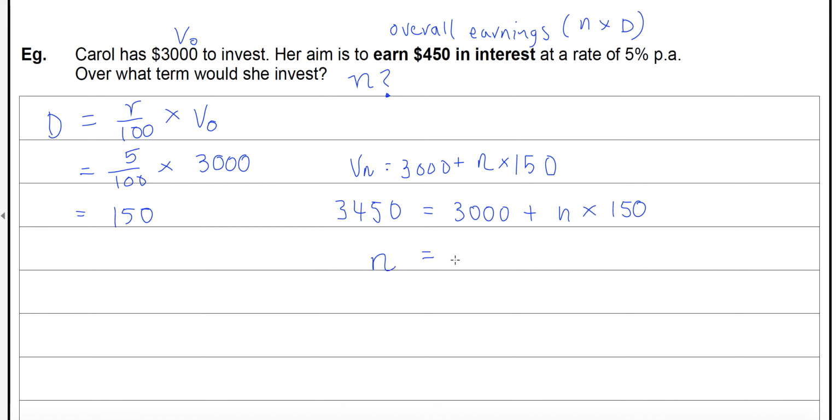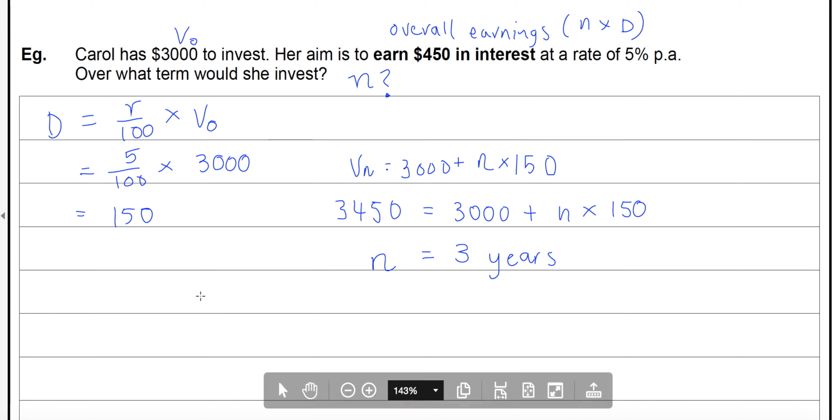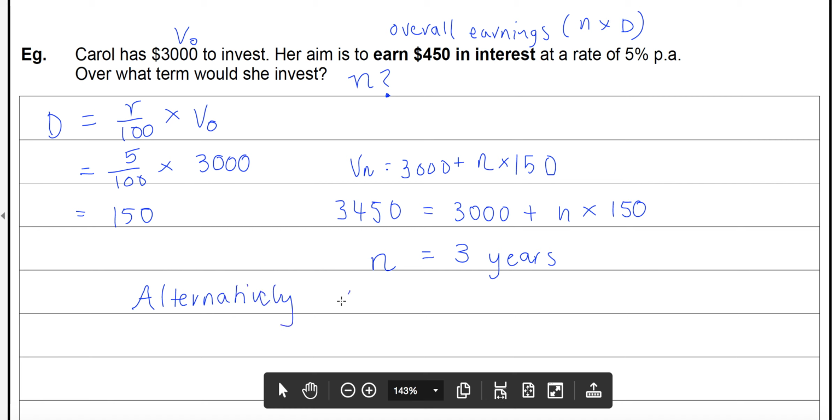When I solve, what I see is that N must be 3 years. Alternatively, and this is how I did it in my head just before, how I knew it was going to be 3, she's earning $450 altogether. If we divide that by how much per year, we can see that's 3 years worth of earnings.